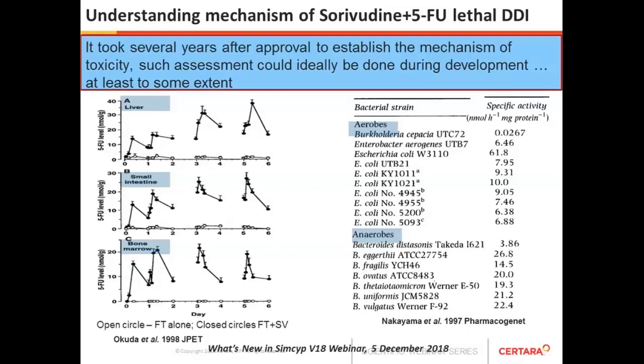And rather than having it as a post-approval thought or in very late stages of development, it needs to be incorporated in early stages. And I think combining in vitro experiments with PBPK could help bridge the gap.